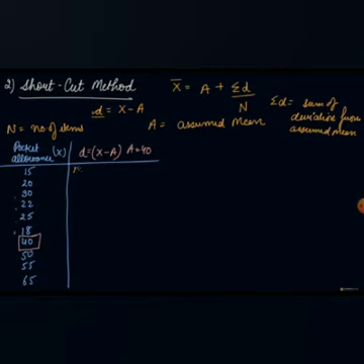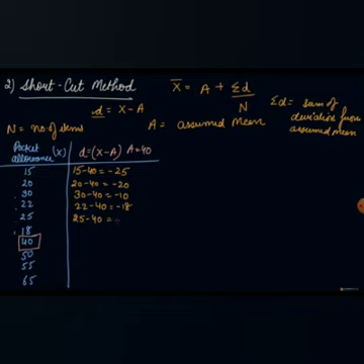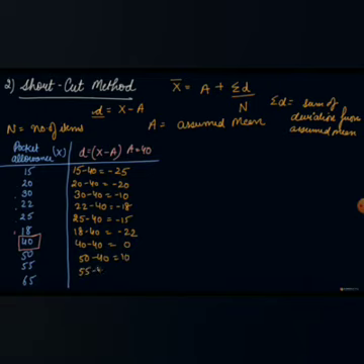Now you can find the deviations. 15 minus 40 is minus 25. 20 minus 40 is minus 20. 30 minus 40 is minus 10. 22 minus 40 is minus 18. 25 minus 40 is minus 15. 18 minus 40 is minus 22. 40 minus 40 is 0. 50 minus 40 is 10. 55 minus 40 is 15. 65 minus 40 is 25.